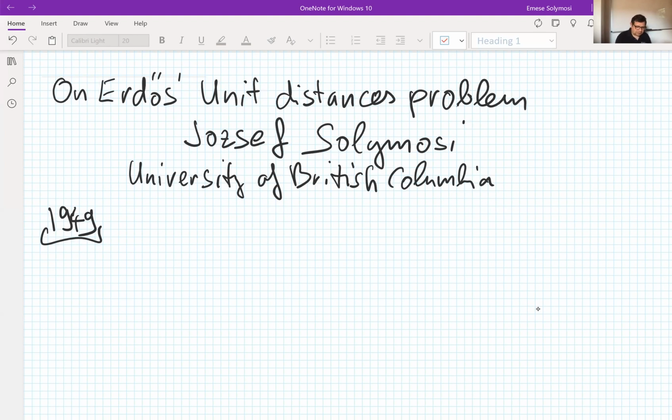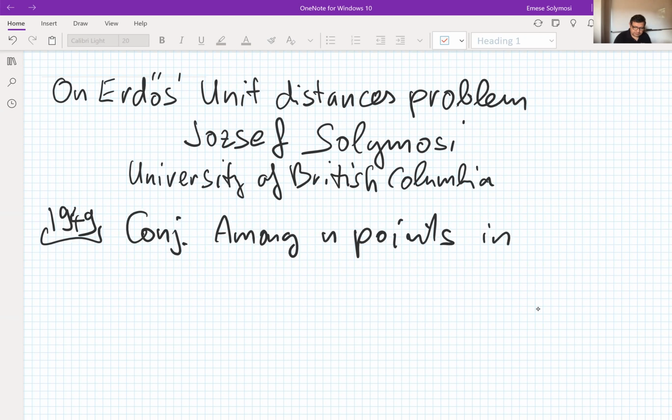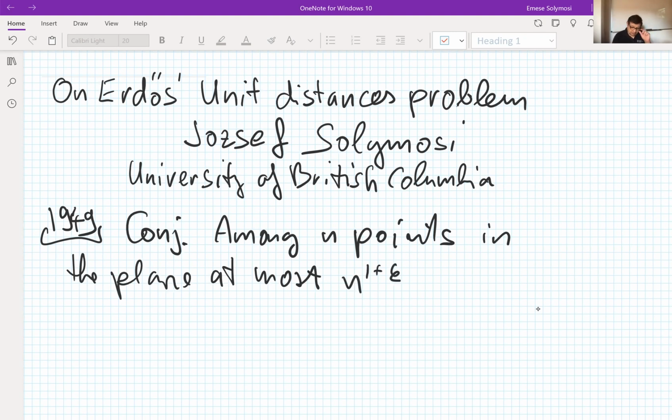And again, what is the question? The question, or the conjecture, let me state it as a conjecture: among n points in the plane, at most n to the 1 plus epsilon, so almost linear, but a little more than linear, pairs are at distance 1.